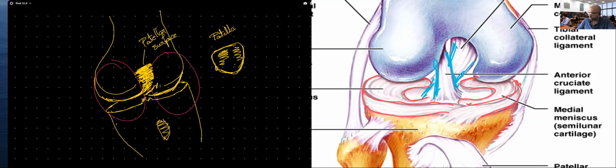And remember, what was the function of the fibrocartilage? What was the function of the fibrocartilage? To absorb compressive shock. So those are the two fibrocartilage rings that I have in the knee joint. And those are my medial and lateral menisci.